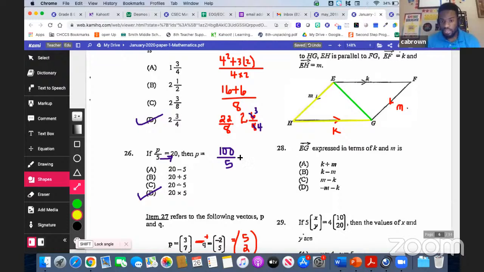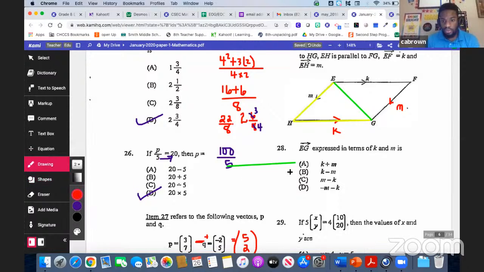Yes, it's also stated as K plus M. So our answer here is A. There's also another way that we could have done it. We could have also gone the opposite direction by doing K right here plus M. So any way you do it, you pretty much get K plus M, which is A.